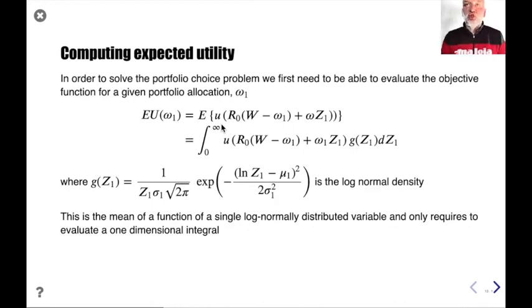We are integrating over the entire support of the random variable z, which has support 0 to infinity. So we need to solve that integral, and I don't have a closed form solution. That's beyond the level of my high school math, at least.